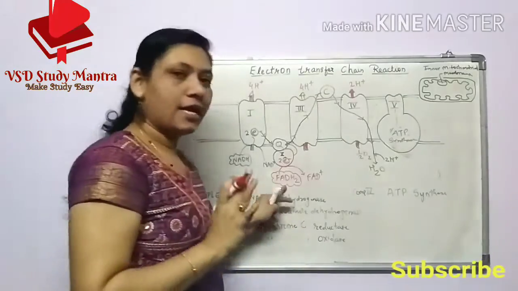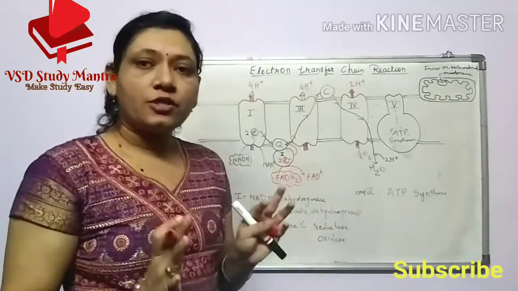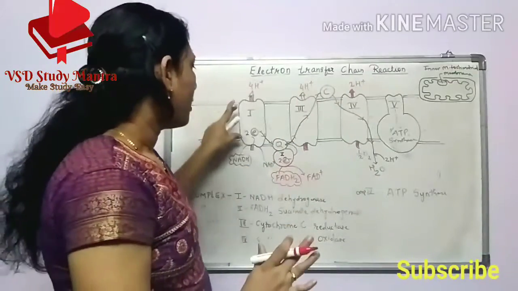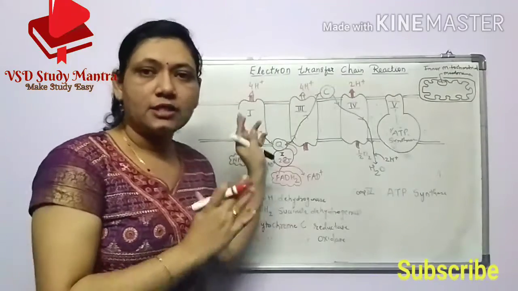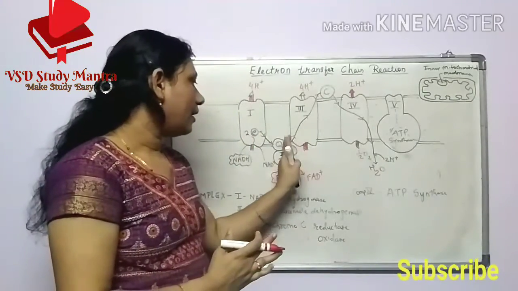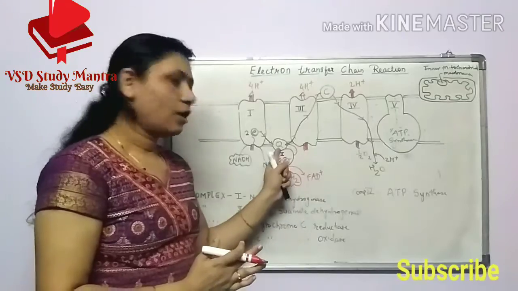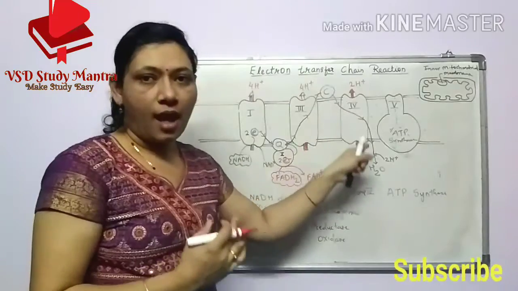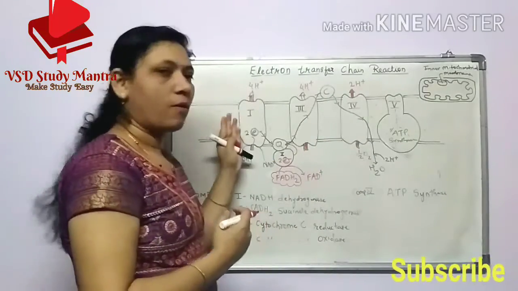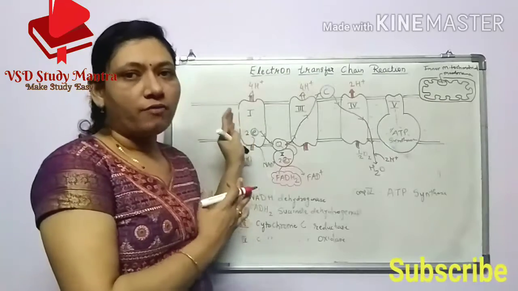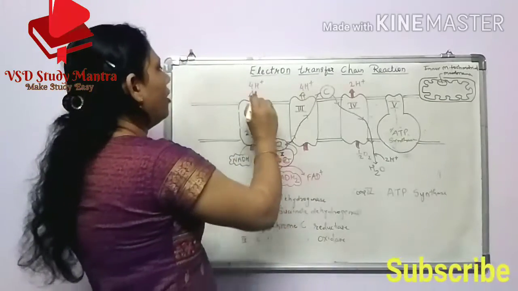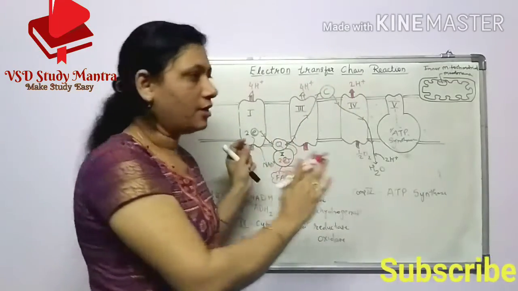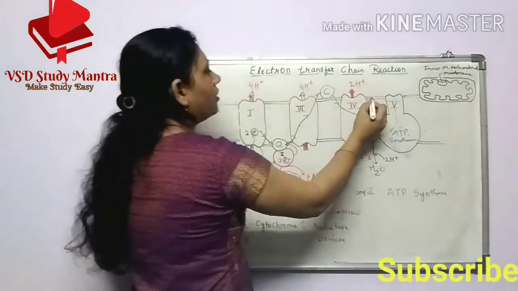But FADH2 produces 4 plus 2, that is 6 protons, because complex 1 is not involved in this process. It comes directly to coenzyme Q, and then passes to the others. So 4, 4 and 2, you should remember this point.